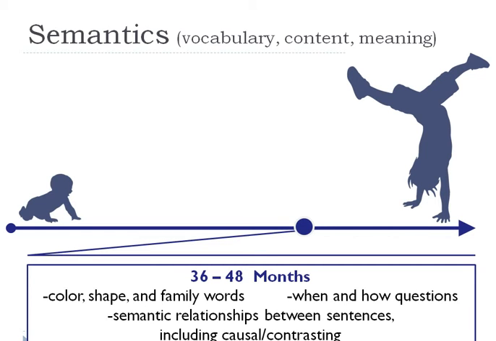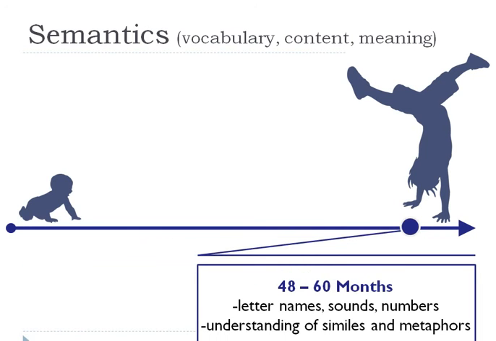And so they are building their thoughts and their meanings from one idea to the next and linking them. And at about that 4 to 5 year range, 48 to 60 months, a child has perfected letter names, sounds, numbers, and begins to grasp similes and metaphors, and the use on a basic level of figurative language.